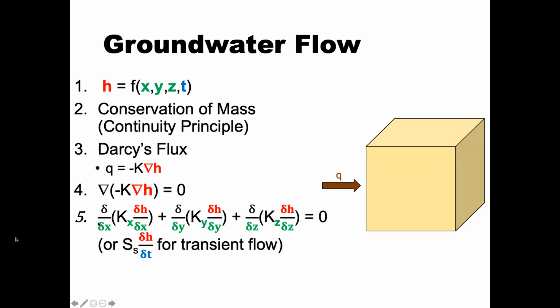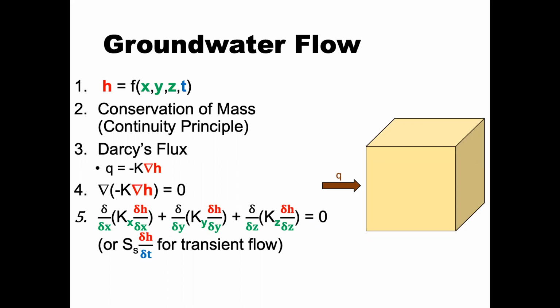Under transient systems, we have here our specific storage multiplied by our change in head over the change in time. So these are the basic principles that we've gone through in our class.